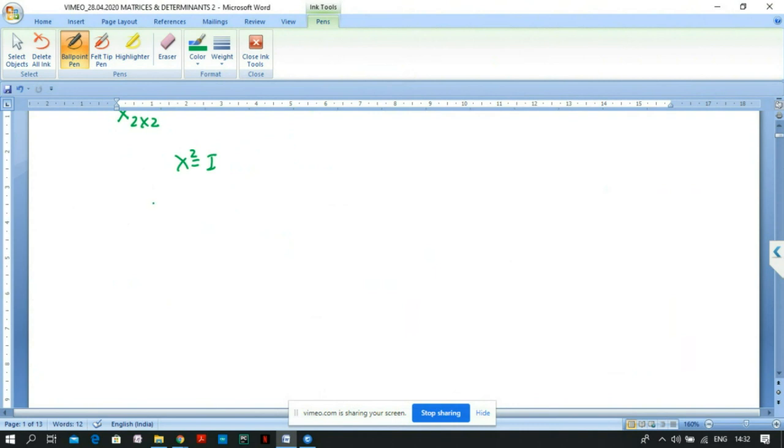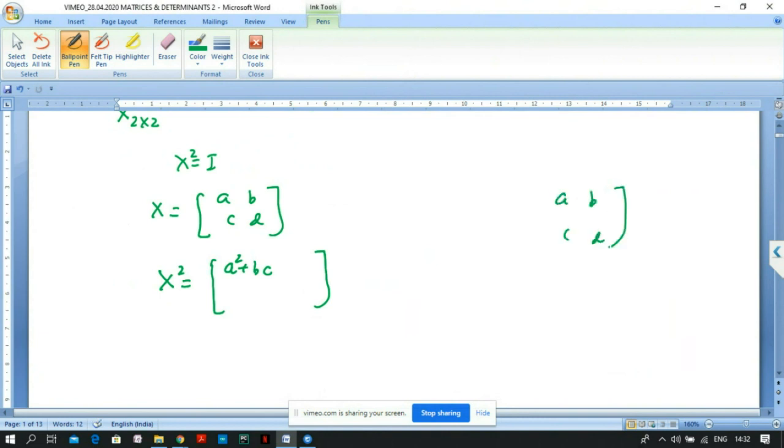So I can take x as usual, as x is [A B; C D], the 2 by 2 matrix. By now we know how to write x squared quickly. To remind you, if it is this kind of thing, [A B; C D], and you are doing a square, then quickly write first row as A squared plus BC, and second element you can write as B times A plus D, that's the trace.